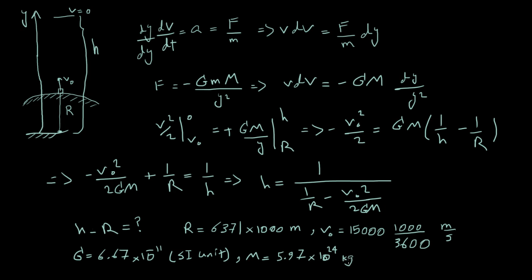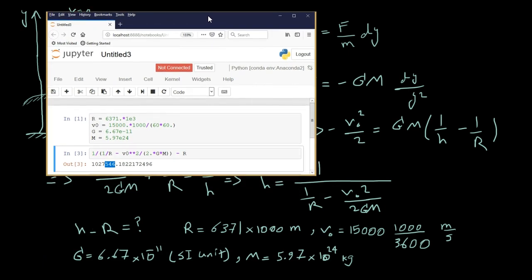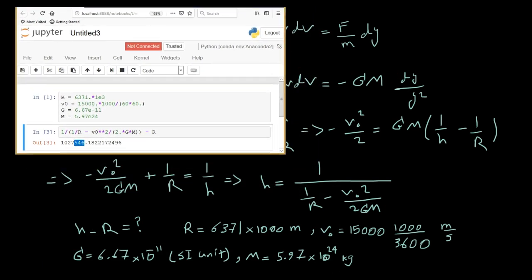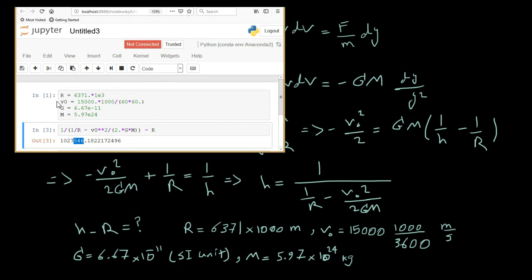Now all I need is to insert all these into a calculator. So here I have, let's say, a Python Jupyter notebook. So it's basically a calculator. I have defined all these numbers here. So R is that, and these are all in SI units.